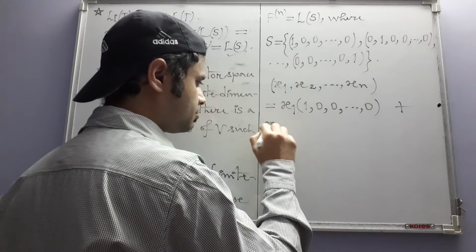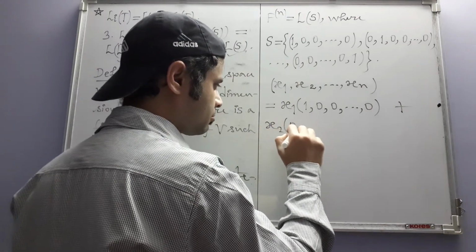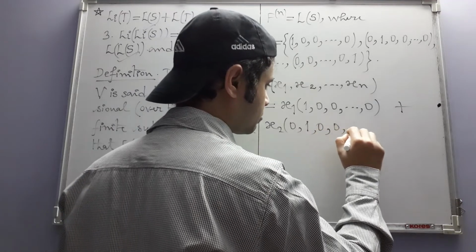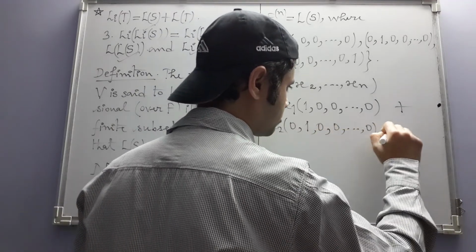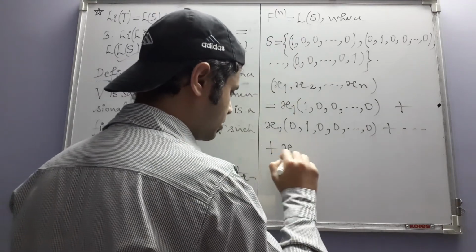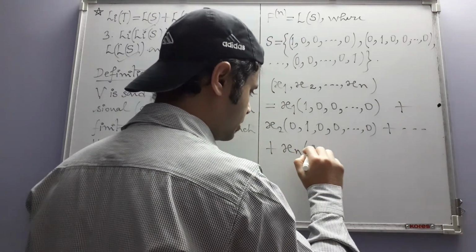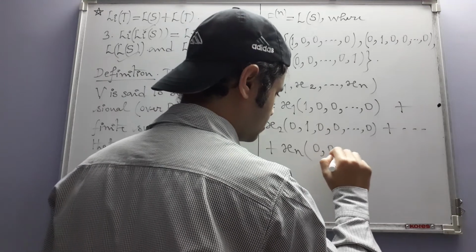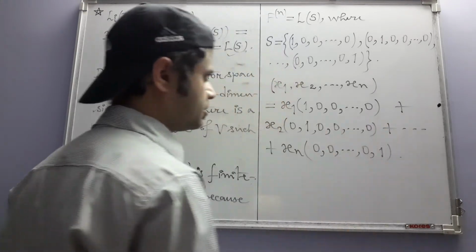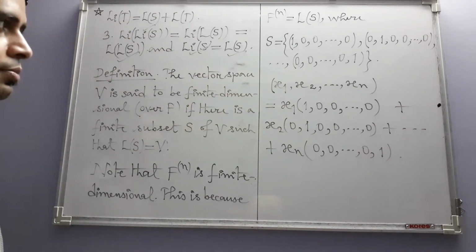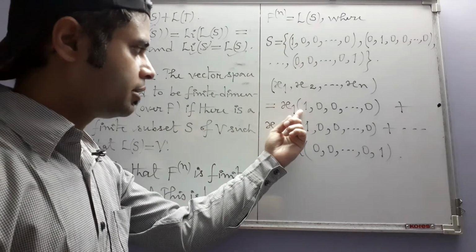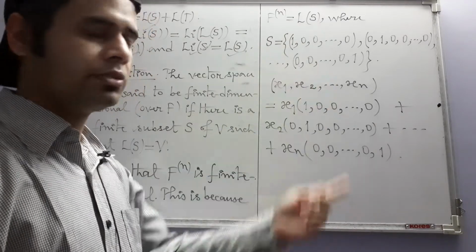Plus xn times this n-tuple. So any element in Fn appears as a linear combination of these vectors.